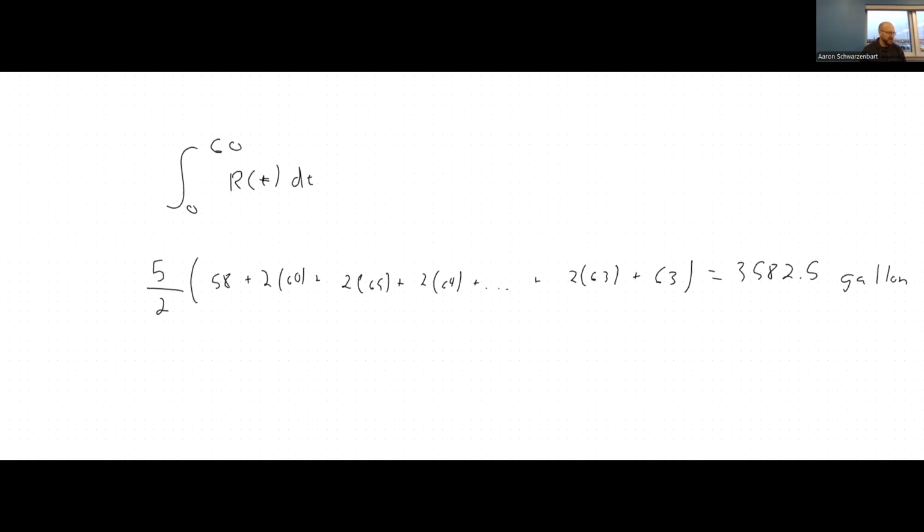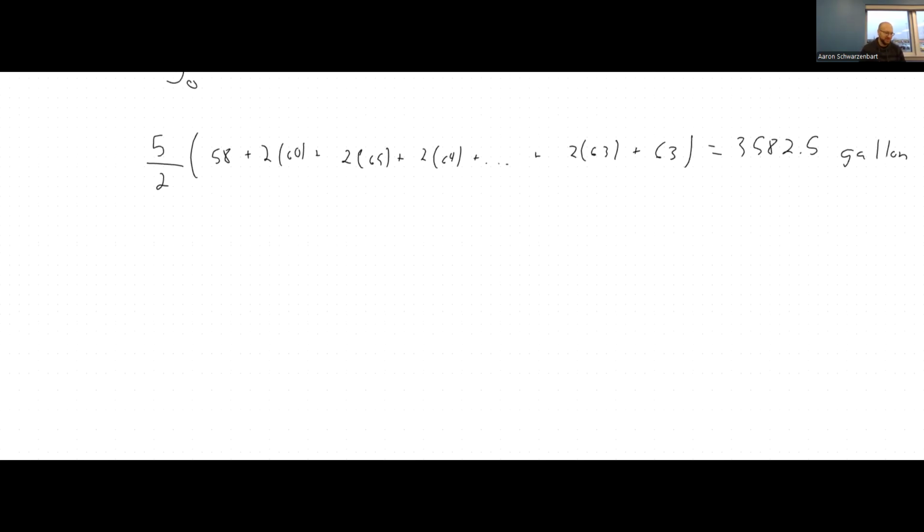Okay. The last thing is work. Work equals force times distance. You guys know that from physics. You might not know this one, Hooke's law.